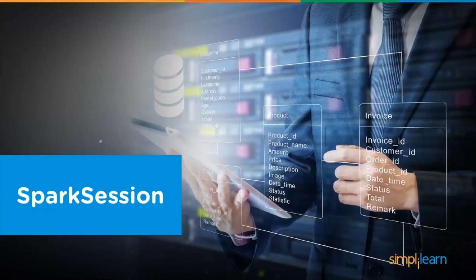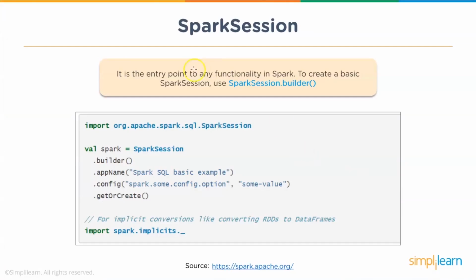Now moving forward, when we talk about Spark session, this is an entry point to any functionality in Spark. To create a basic Spark session, you could be using SparkSession.builder if you're working in an IDE like Eclipse. Here you have to import the package org.apache.spark.sql.SparkSession, and then you could create a variable such as val spark.